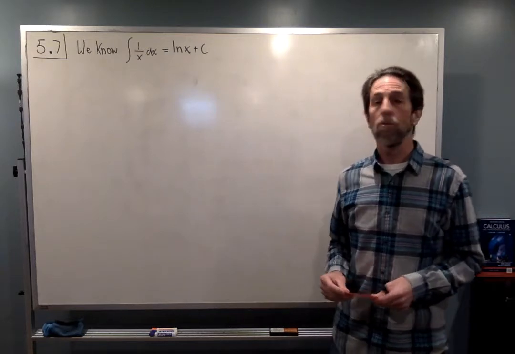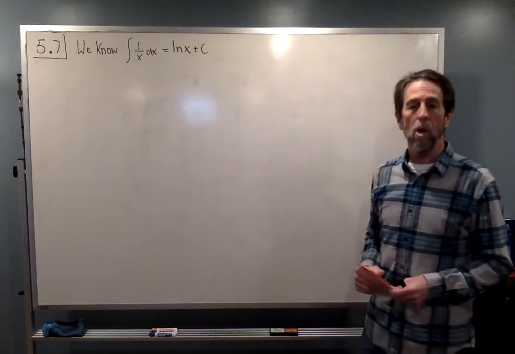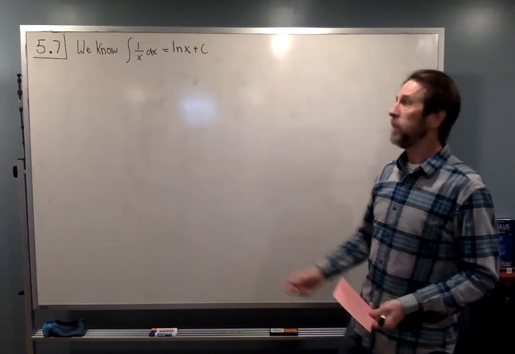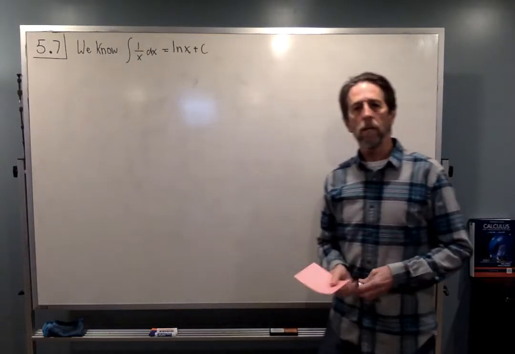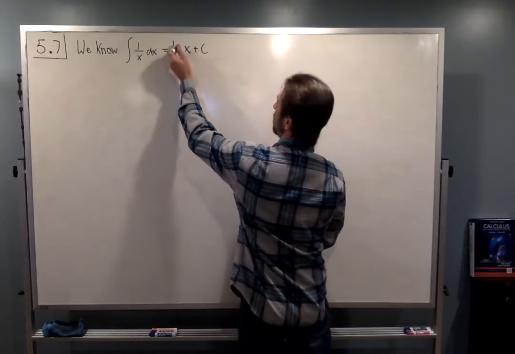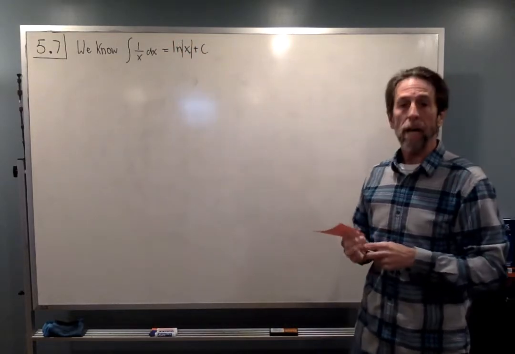So here's what we have so far. We know that the integral of 1 over x is log x. The reason we know that is because the derivative of log x is 1 over x. Now we do make one little adjustment here, and that is you will see an absolute value symbol around the x.